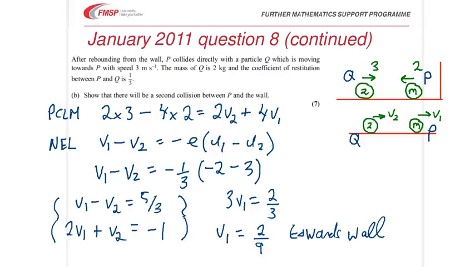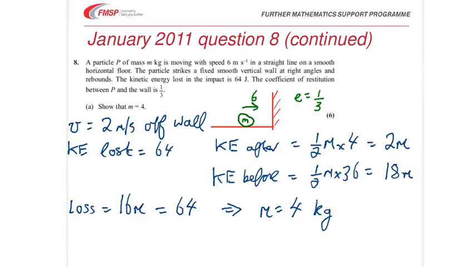We just need to look at the method marks. In the first part of that question, we've got a method mark and an accuracy mark for getting the speed of the ball off the wall correctly.